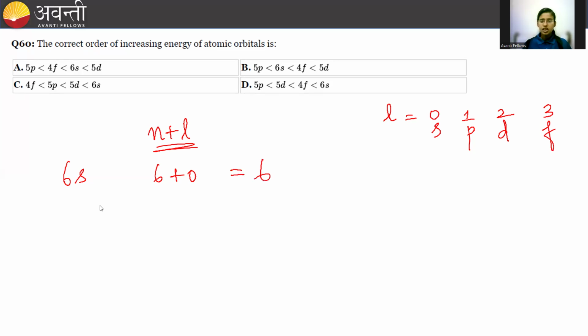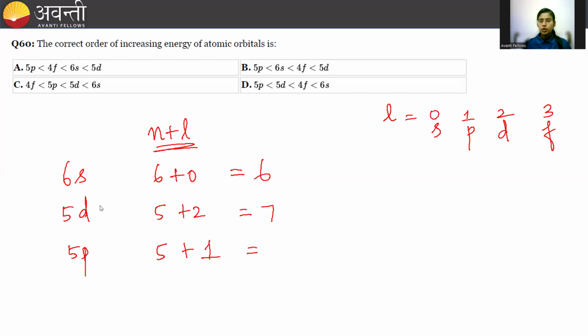Then coming to the 5d orbital, the n value is 5 and the l value will be 2 for d. So 5 plus 2 is 7. Next, coming to the 5p orbital, the n value is 5 and the l value is equal to 1. For p orbital, the l value is equal to 1.